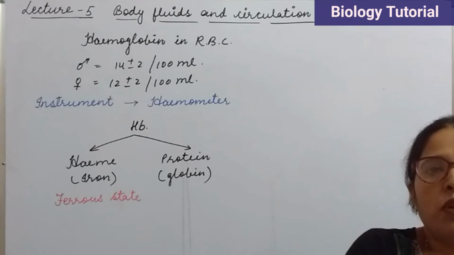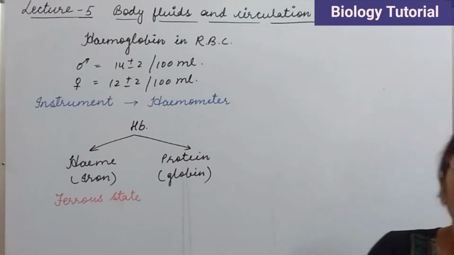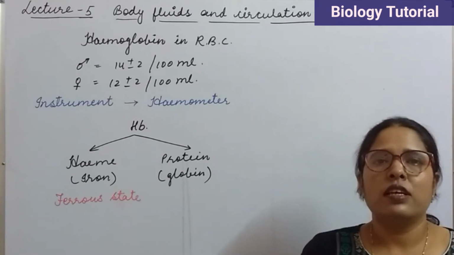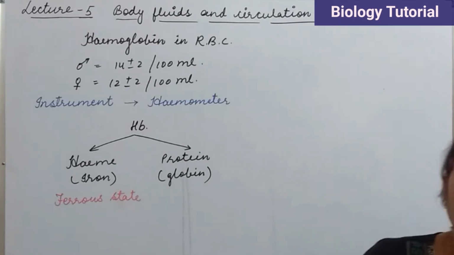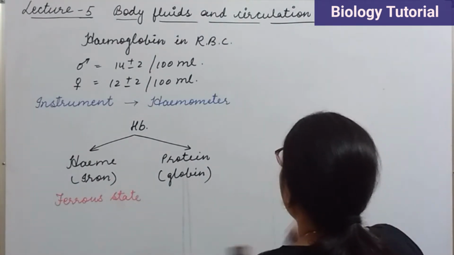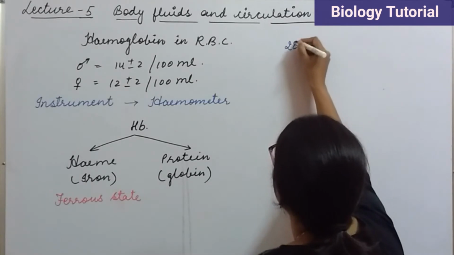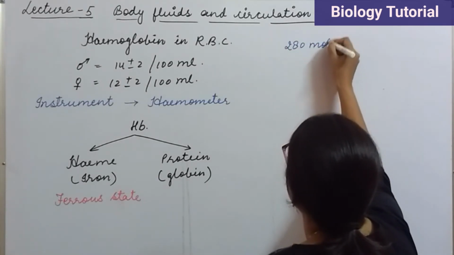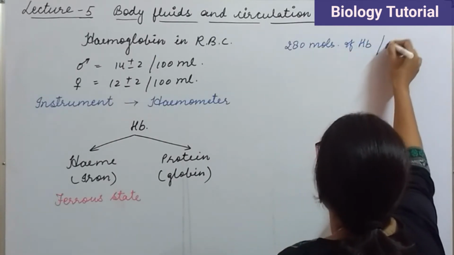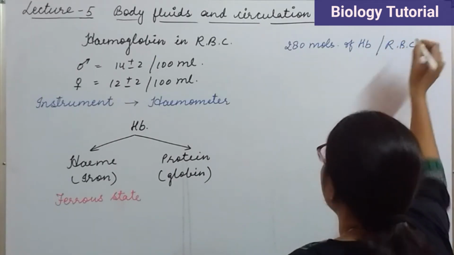So to provide space to the molecules of hemoglobin, all the cell organelles disappear from the mature RBCs, and approximately 280 molecules of hemoglobin are present per RBC.